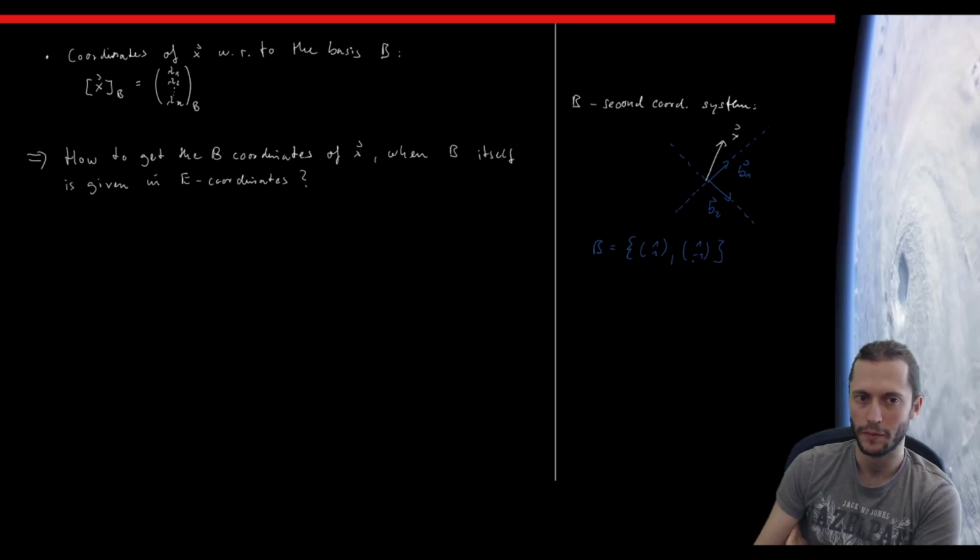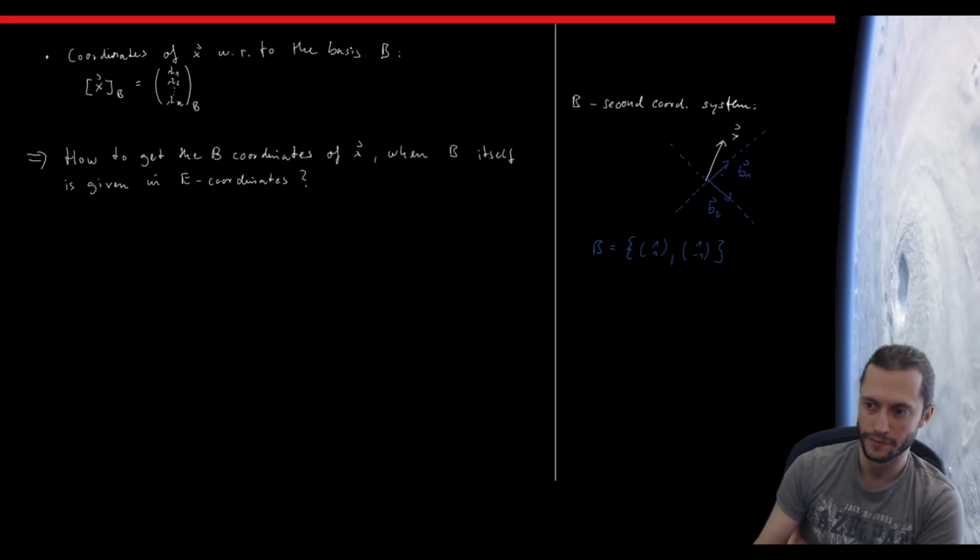But this b vector here has coordinates expressing its linear combination over the basis e. As you can see here, 1 to the right, 1 up, 1 to the right, 1 down for b2.